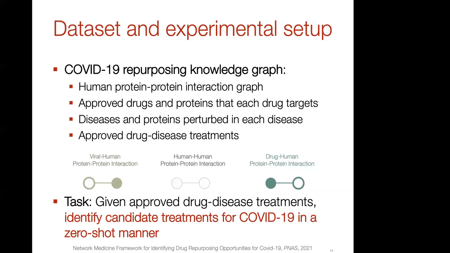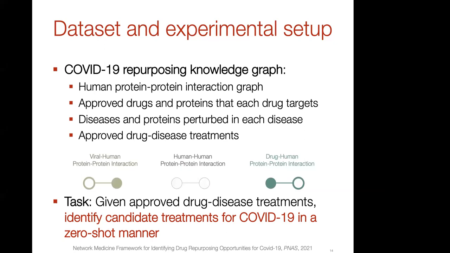And so having that information for thousands of different diseases and thousands of different drugs, we were then able to study the relationship between drug targets and these proteins perturbed in diseases, in the context of what drugs are approved or are known to be efficacious and safe for certain diseases.